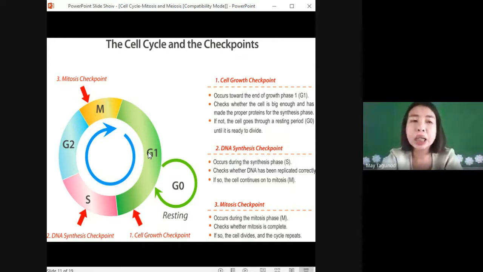Here, it checks whether the cell is big enough and has made the proper proteins for the synthesis phase. If not, the cell goes through a resting period, the G0 phase, until it is ready to divide.